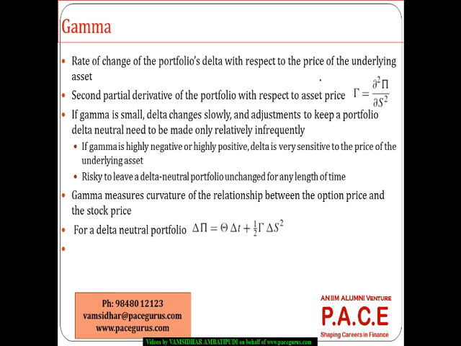Then the third thing which is very essential for us to understand is the gamma. See, in the earlier slides, we have said that the delta is not constant. So delta keeps changing.